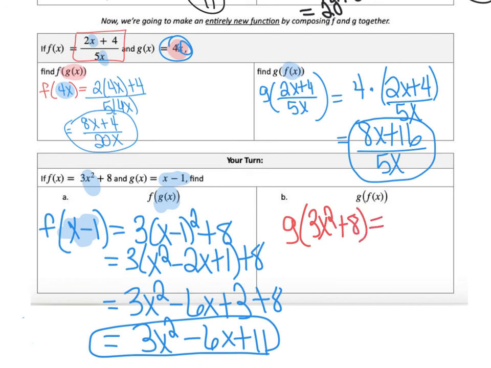Okay, well, g of x is x minus 1. So anywhere that there's an x, we're going to take it out and put 3x squared plus 8 in its place. So I'd have 3x squared plus 8, and then minus 1, because that's the minus 1 that's here. And we would get 3x squared plus 7.